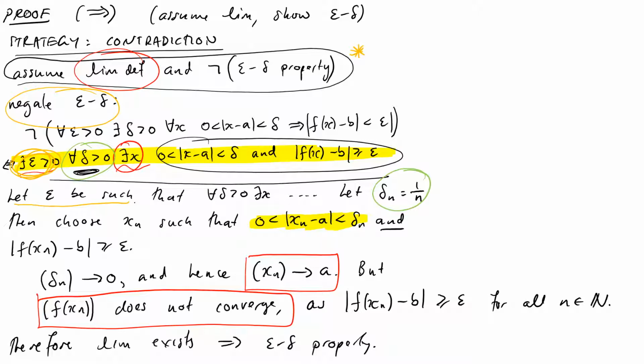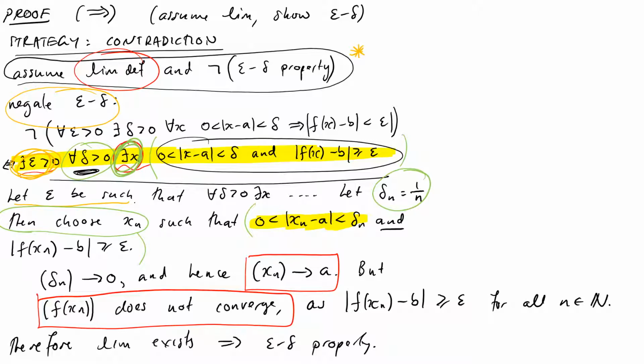We chose n of them because we're trying to use this to build some sequences. And then, no matter what value of delta we choose, i.e. for every delta n that we came up with, the next quantifier was there exists. So every time we saw there exists, that means we can choose the thing such that whatever follows is true. And so this part here came directly from this part here.